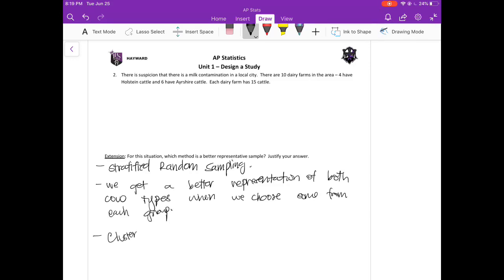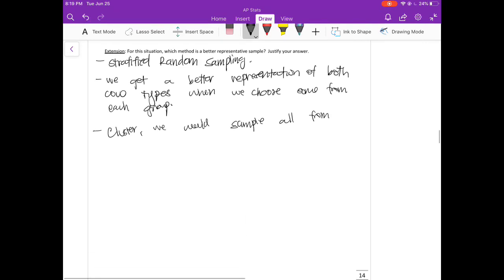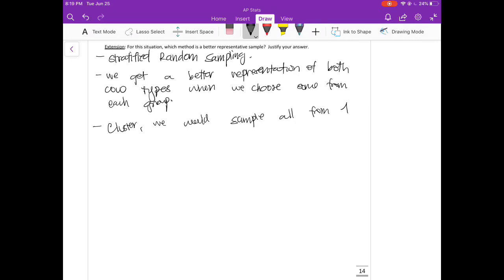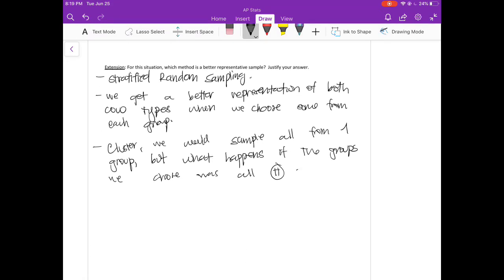For a cluster, we would sample all from one group, but what happens if the groups we chose was all of the H cattle or all of the A cattle?